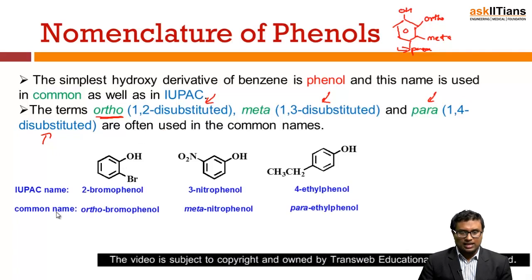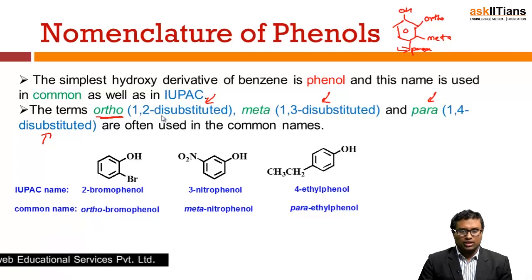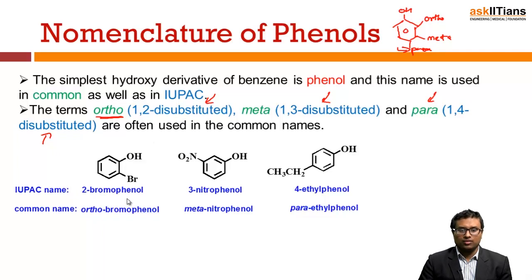For example, you can see here bromine is present at the second position. So it is a 1,2 disubstituted phenol. The IUPAC name will be 2-bromophenol. And what is the common name? It is ortho-bromophenol, since bromine is present at the ortho position.